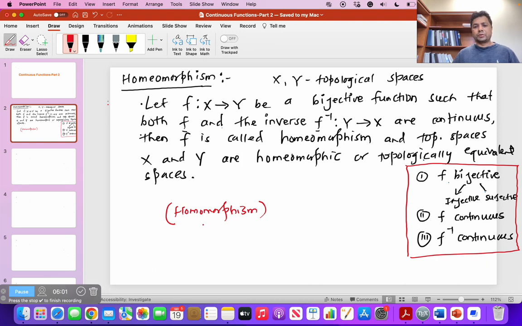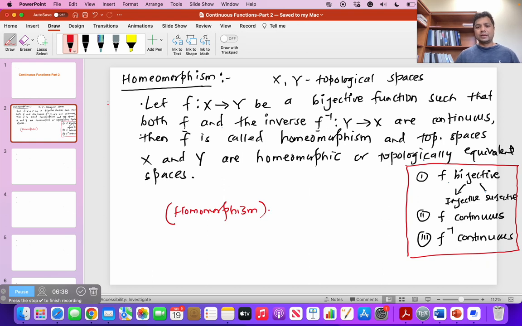That homomorphism is not the same as homeomorphism. So don't be confused between homomorphism and homeomorphism. The homomorphism that you learned in fundamentals of mathematics, proof classes, linear algebra, and abstract algebra is different from the homeomorphism that we are learning in this video. These are two different things.